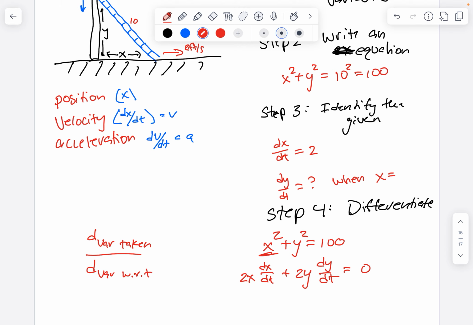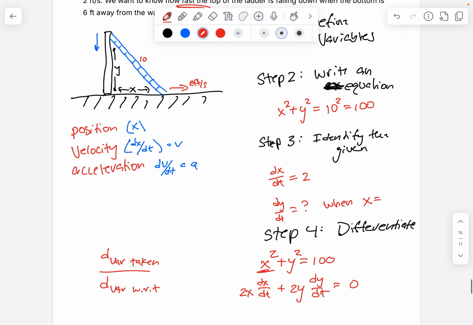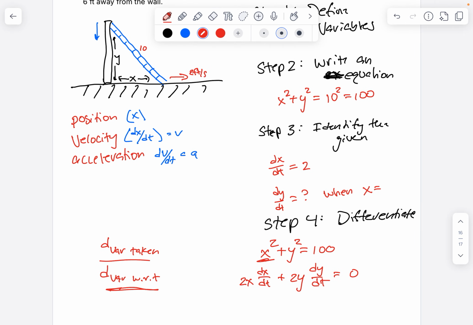So in this case, we are looking for time, right? We want to know how fast with respect to time. So the derivative with respect to is t, and the variable being differentiated varies. For the x squared, the variable is x, and for y squared, the variable is y. So that's how you get these dx/dt, dy/dt.